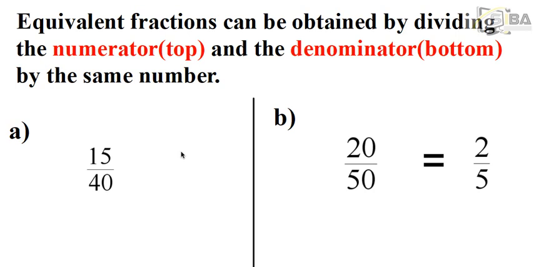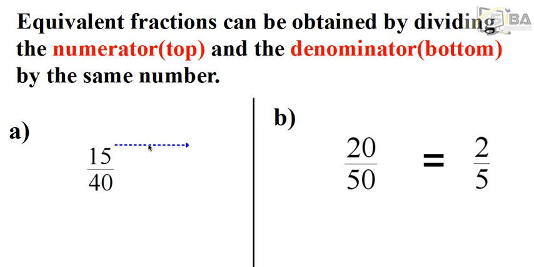The equivalent fractions can also be obtained by dividing the numerator and the denominator by the same value. So let's look at 15 out of 40.